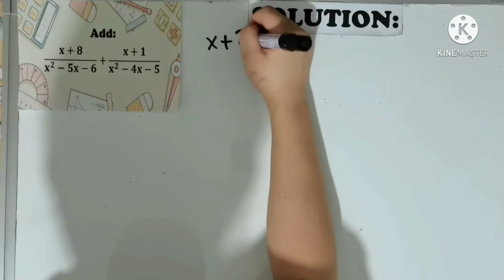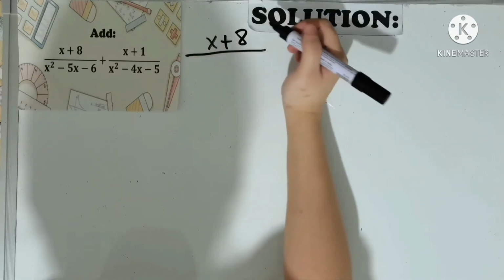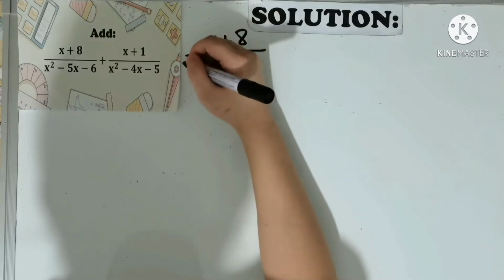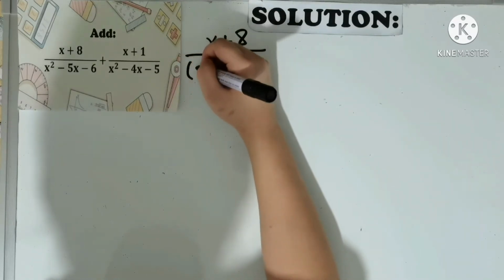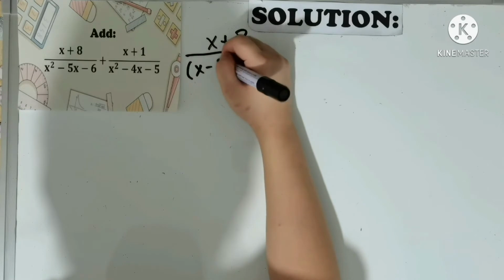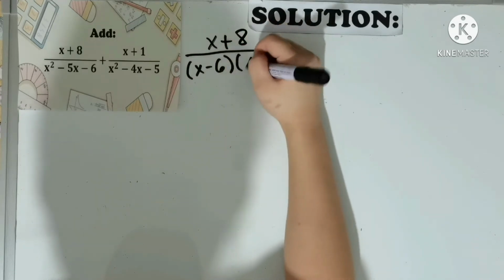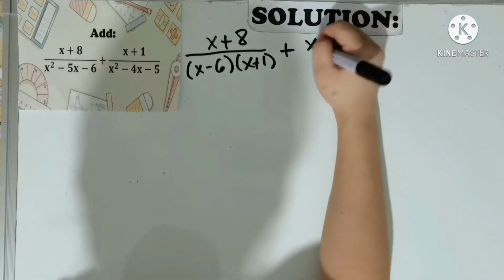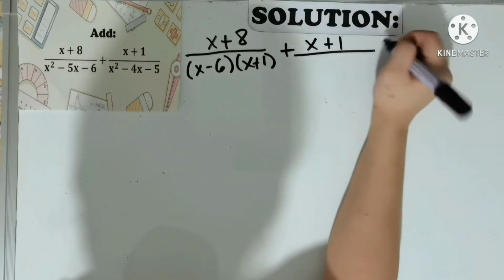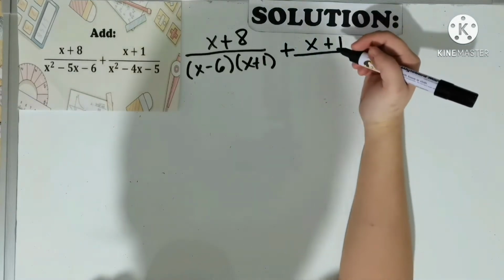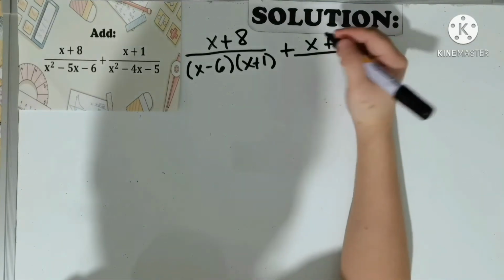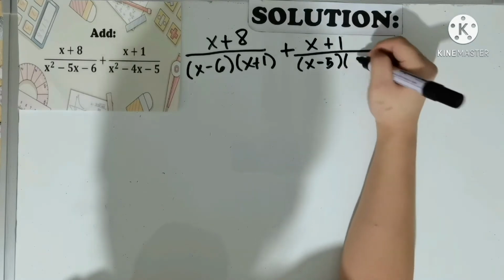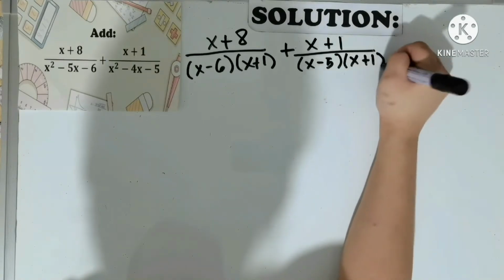x plus 8 over the factors of x squared minus 5x minus 6, which is the quantity x minus 6 multiplied by the quantity x plus 1, plus x plus 1 over the factors of x squared minus 4x minus 5, which is the quantity x minus 5 multiplied by the quantity x plus 1.